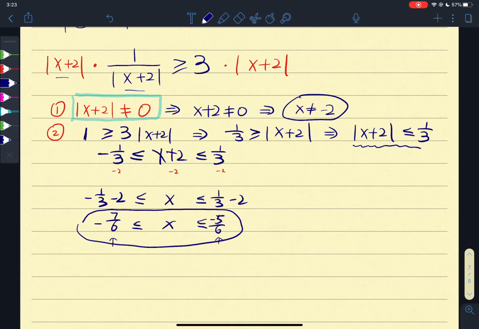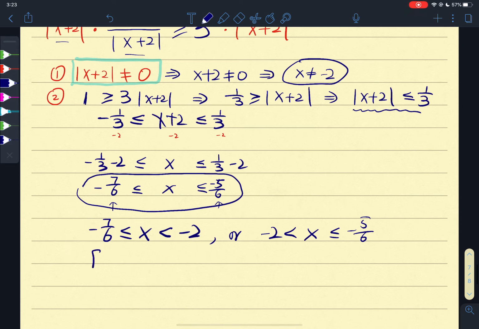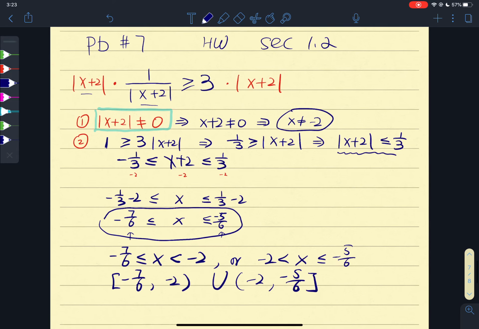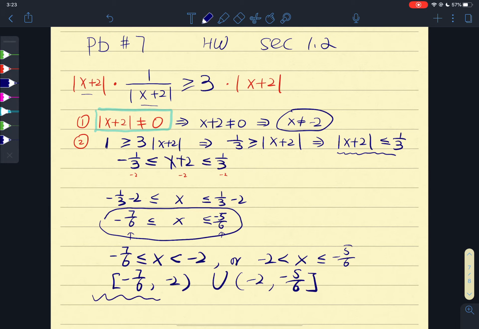So your final answer should have been negative 7/6 less than or equal to x and less than negative 2, or you are negative 2 through negative 5/6, which means you could have this expression or that expression. Okay, so be a little bit careful. You are supposed to throw the point of negative 2 out in the middle. By doing this, that wraps up my discussion of this problem.